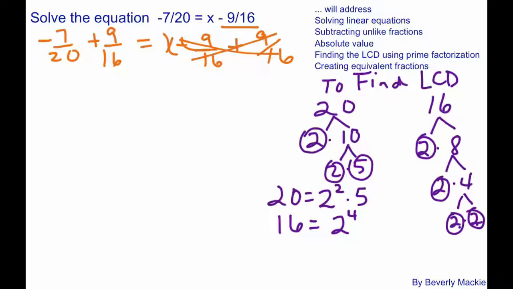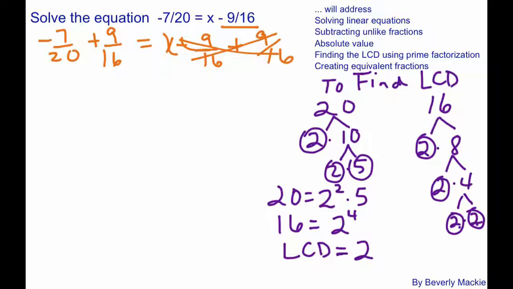Okay, you say, we did that. Now what do I do with these numbers to find the LCD? I am so glad you asked. All we have to do is make sure that we use each prime number in determining the LCD. We have used 2 in the 20 and we've used it in the 16. Which one do we use?